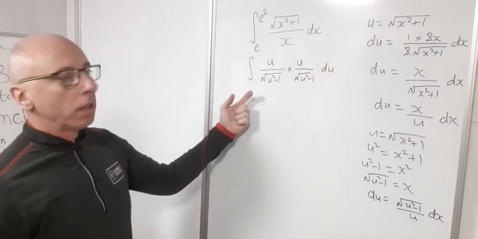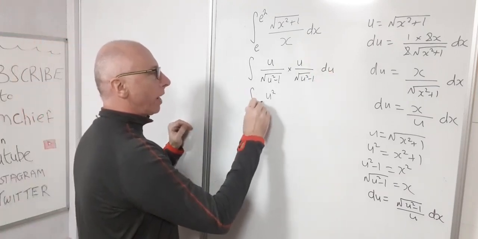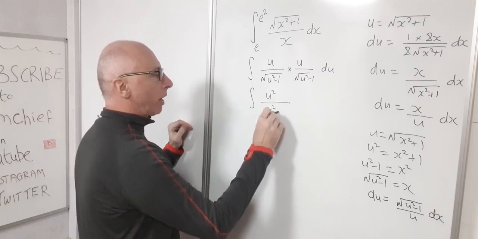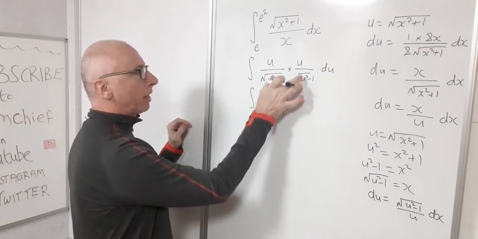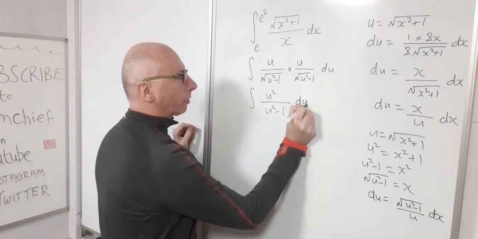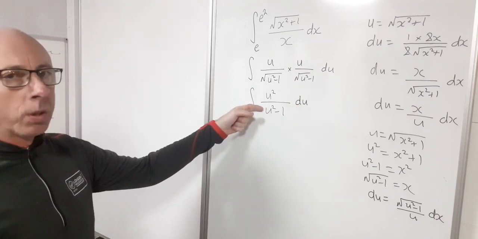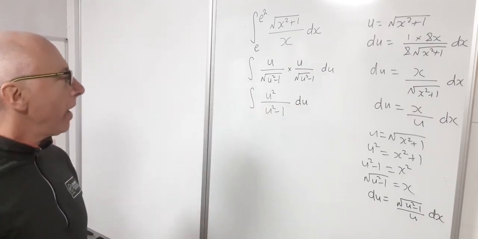Okay, let's simplify this, and then we'll get u squared divided by u squared minus 1, multiplying these together, and then that's du. Now this is a little bit awkward to integrate from there.